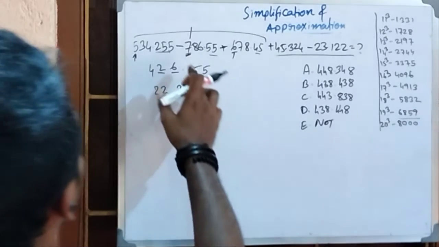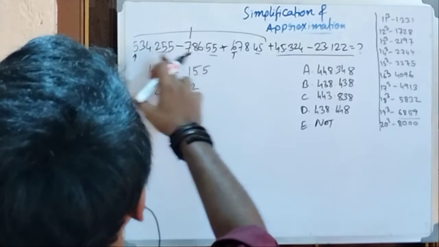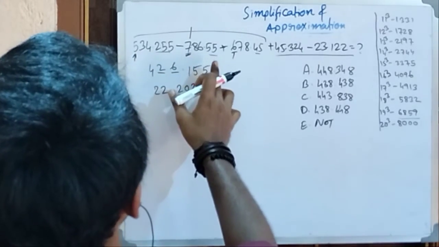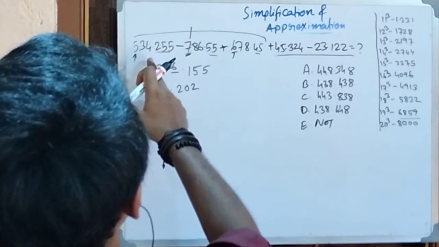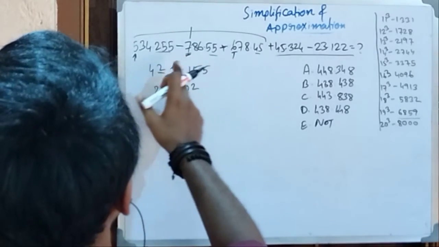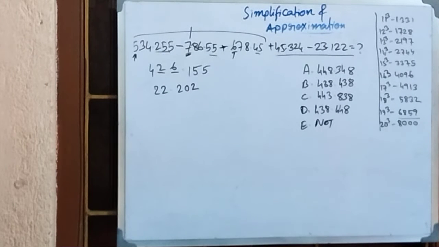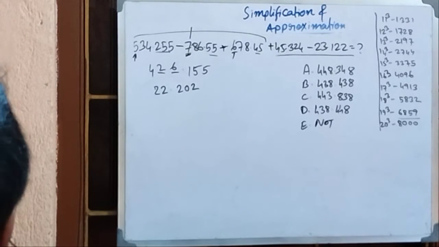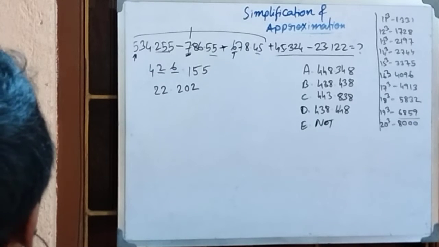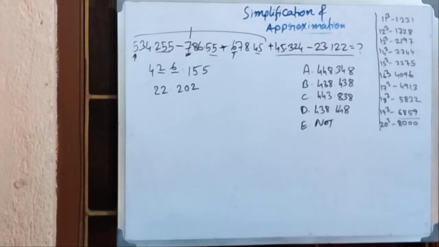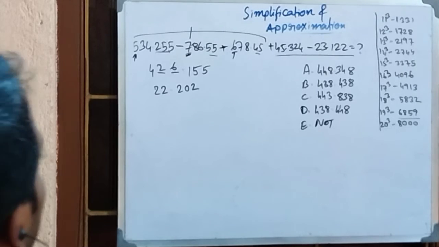7, say 7 minus 1, 4, 30 minus 50, 20, and 4 minus 2, 6, 2 is here, so 0.1 minus 0.1, so 155, and here it gives 2, 0, 2.